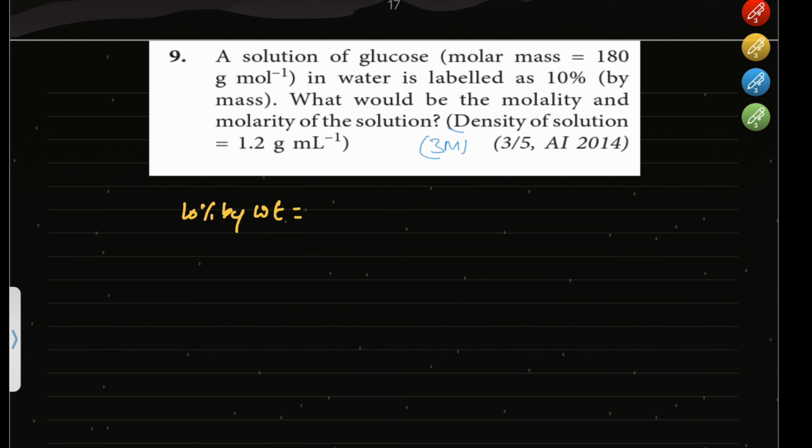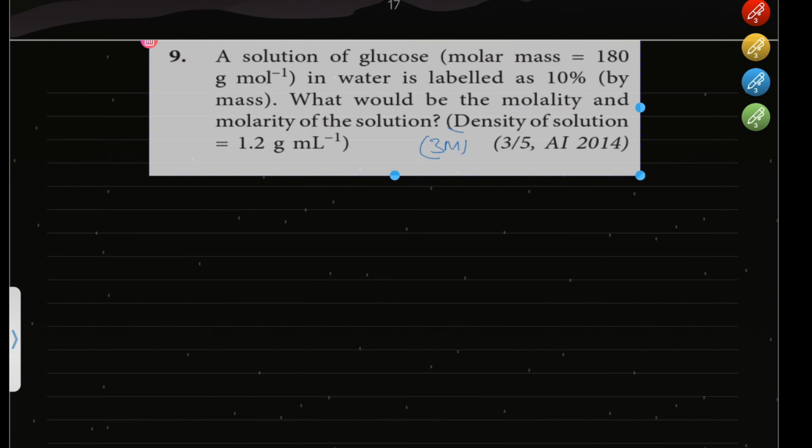In such a type of question, we will first find out the molarity, then molality.